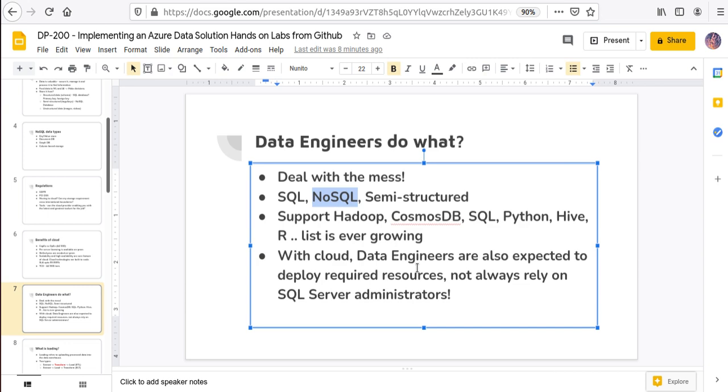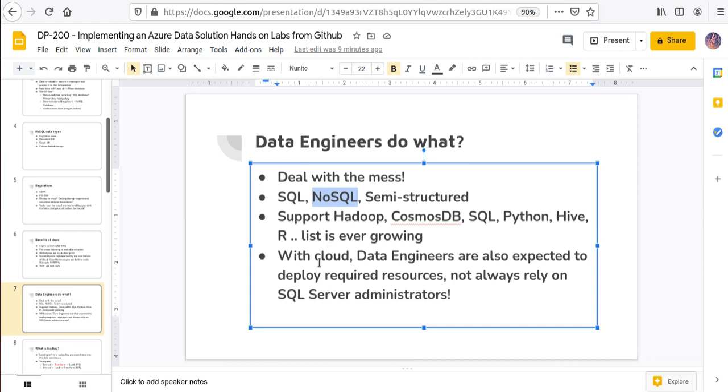You're expected to understand Hadoop, Cosmos DB, SQL, Python, and Hive, various technologies that we deal with for data processing, data analysis, storage of data, NoSQL, all that kind of stuff. And the list is growing. So you always have to go back and relearn and align yourself with the industry.